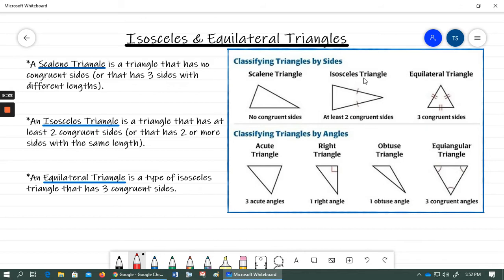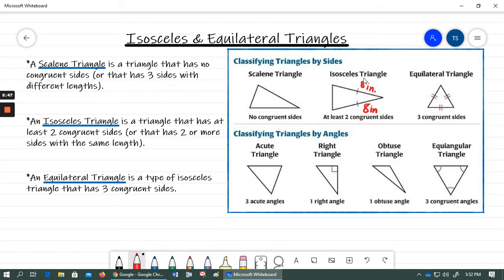you want to actually see the same side length written in. Like for instance, if that side length was 8 inches, you'd want to see that this side was also 8 inches, right? That lets you know that it has two sides that have the same length, or in other words, that it has two congruent sides. And if that's the case, then it's an isosceles triangle, right?